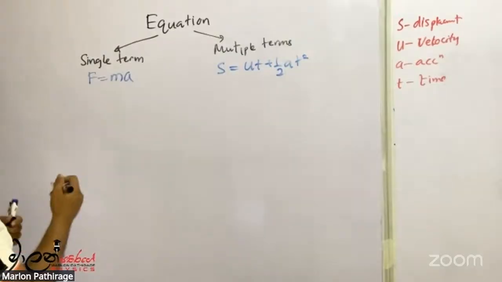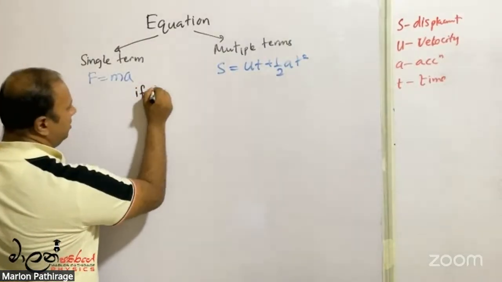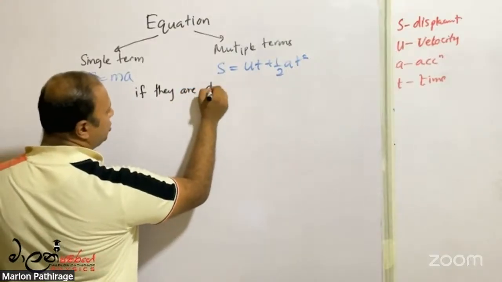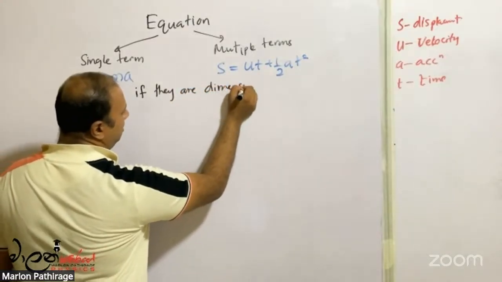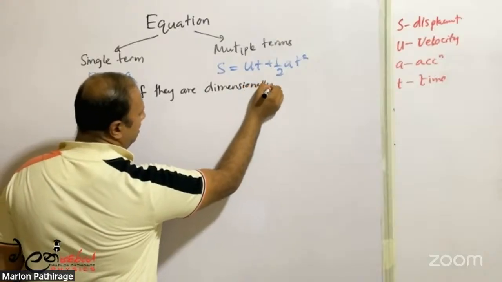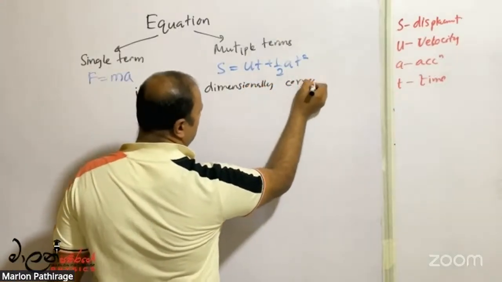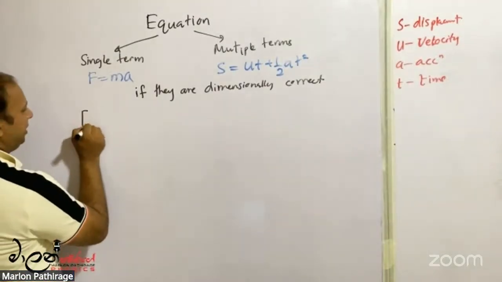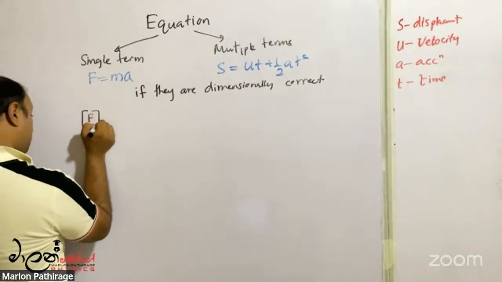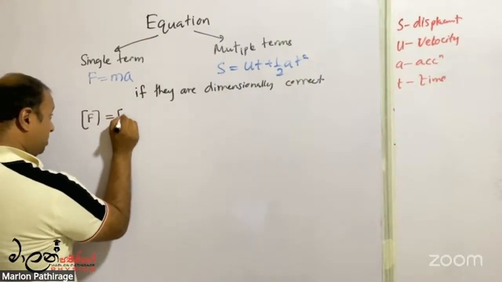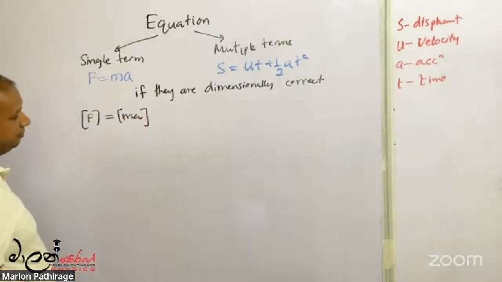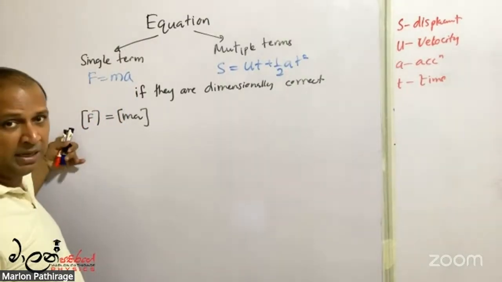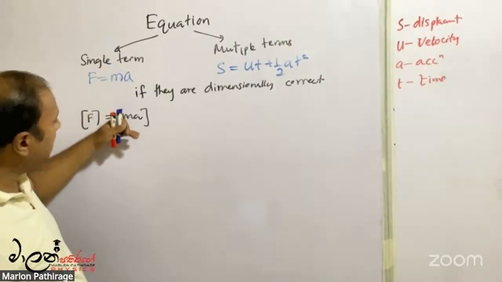Therefore, if they are dimensionally correct, then definitely the dimension of F should be equal to the dimension of M a, because there is only one term on the left hand side and one term on the right hand side.